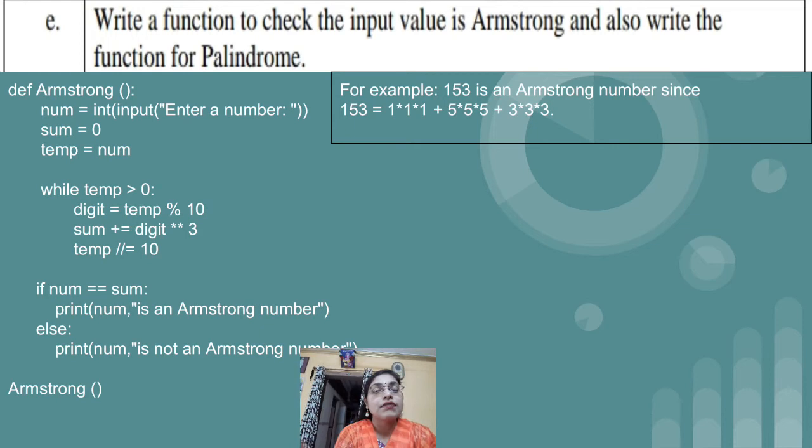If we have one number like 153, then there are a total of 3 digits, so we will find out the digits' cubes. Individual digit cubes we will calculate, and then we will add the cube values, and if we get the same number again, then we can say that the particular number is Armstrong.